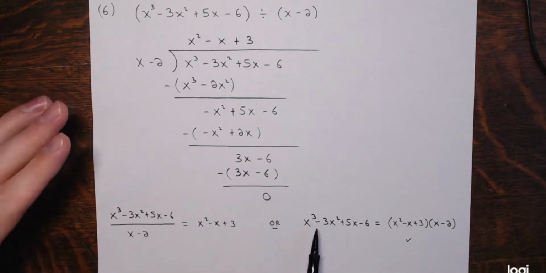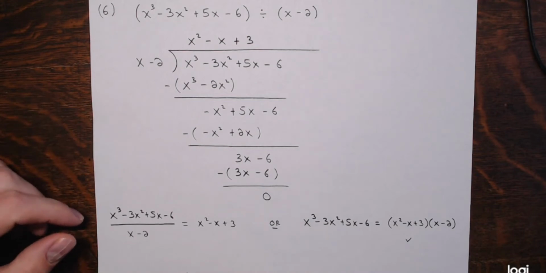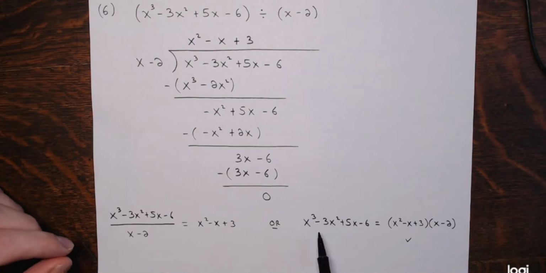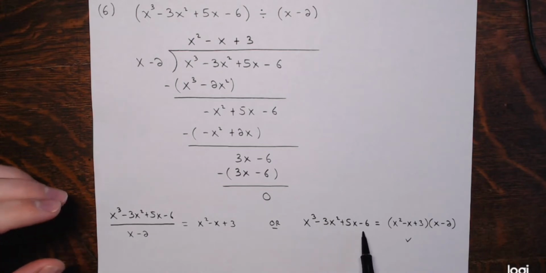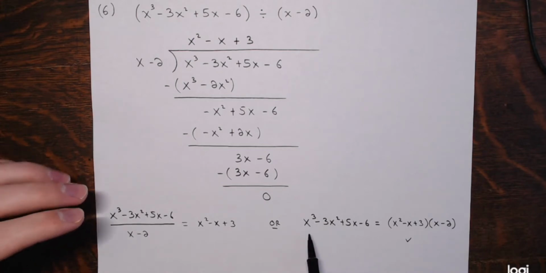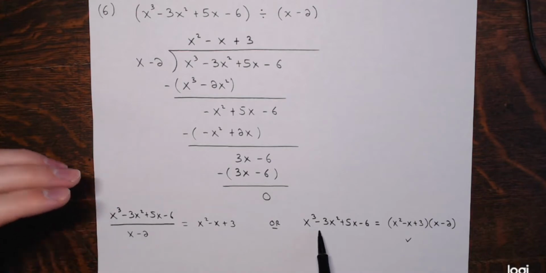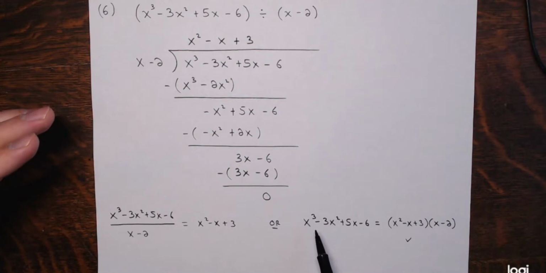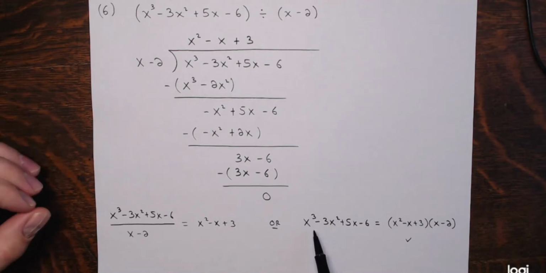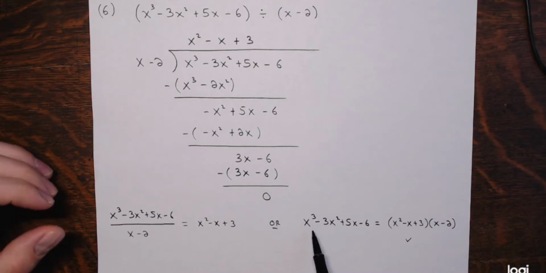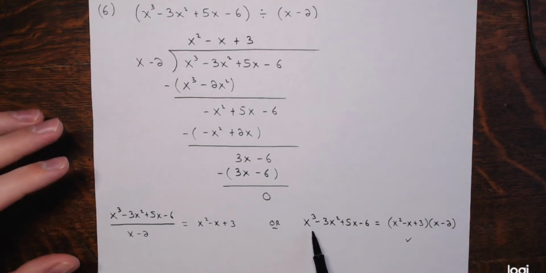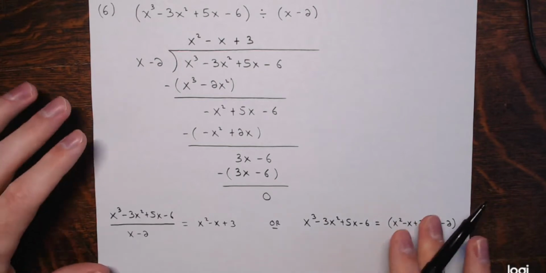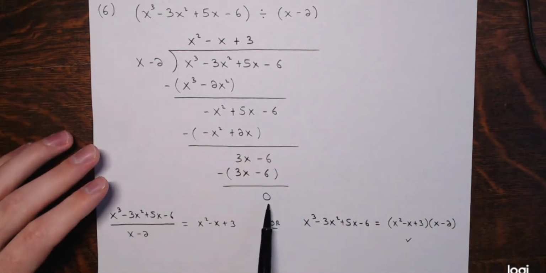Now, we're going to get into how we do this in later videos, but just understand that later in this course, later in these chapters, in this text, we're going to take a polynomial that's degree 3, degree 4, degree 5, whatever, and we're going to be able to figure out how to factor it, with methods that we haven't seen yet. But it's going to involve the fact that the remainder is 0 upon division.